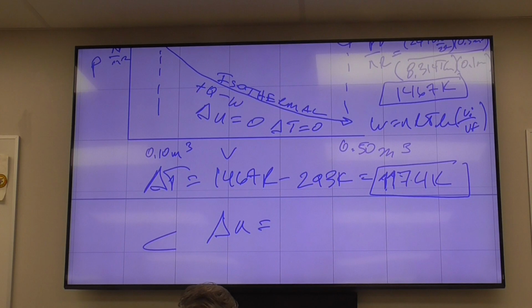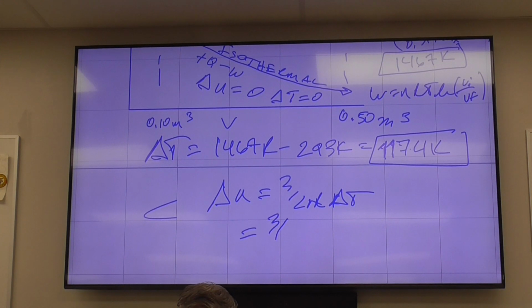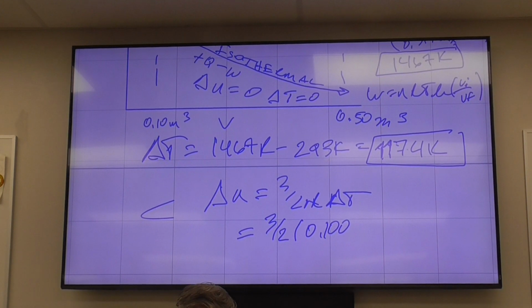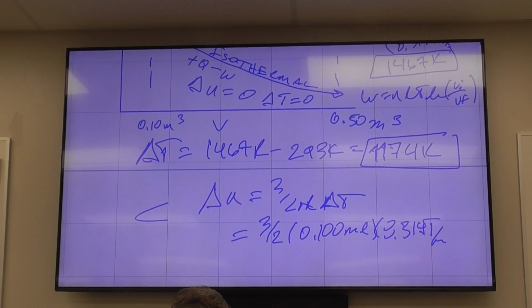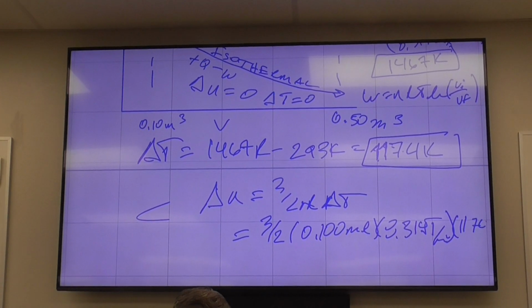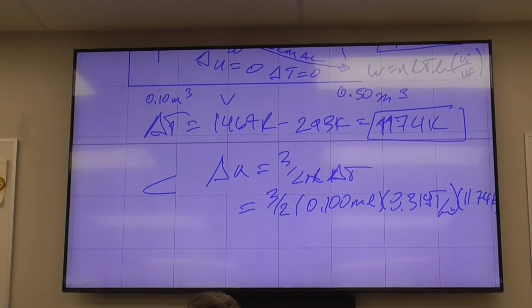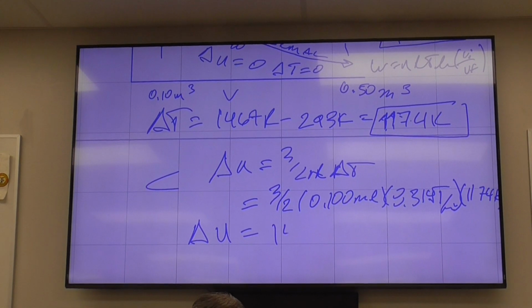Yes: 3/2 nR delta T. I have 0.1 moles, 8.314 joules per mole Kelvin, and the change in temperature was 1174. So what do you get for the value of delta U? 1464.